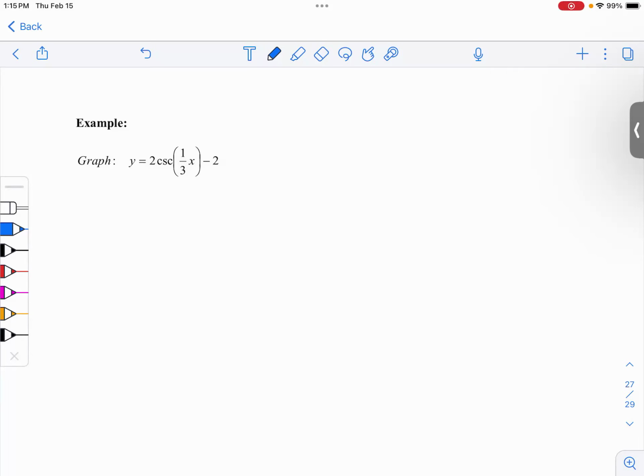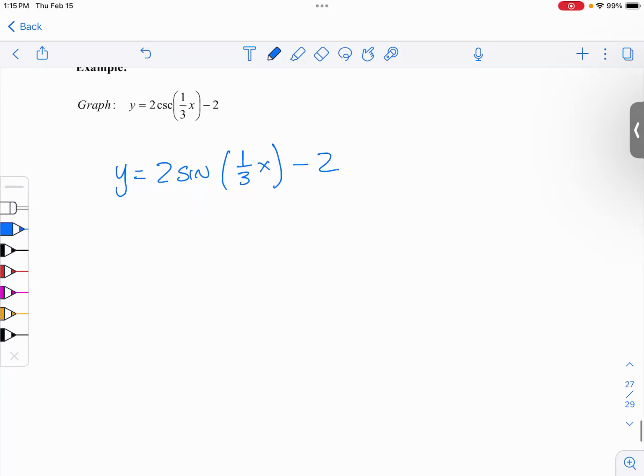Graph its reciprocal. Okay, so cosecant, I don't know what that thing looks like, but sine, I do. And we have a few things going on here. Amplitude: 2.